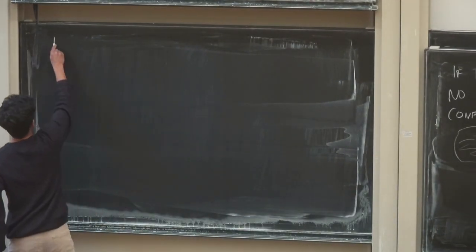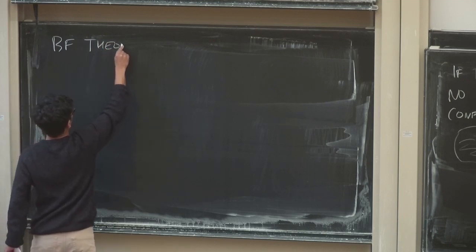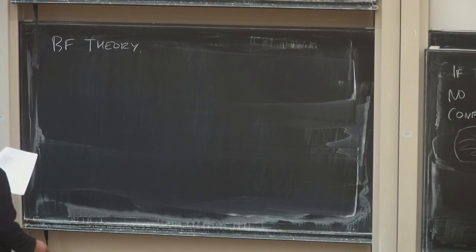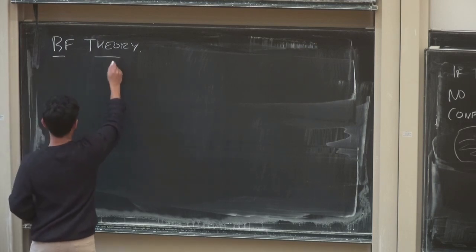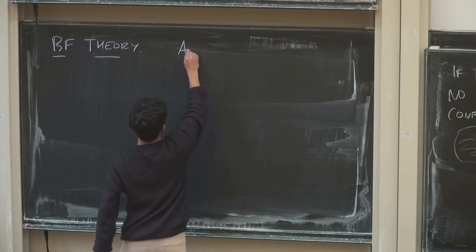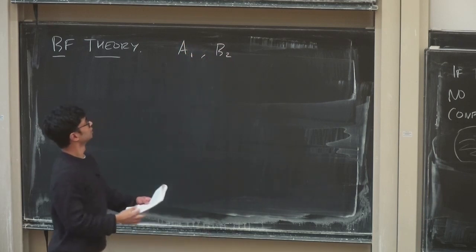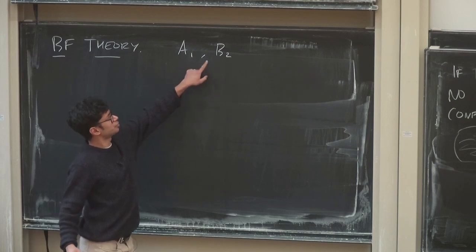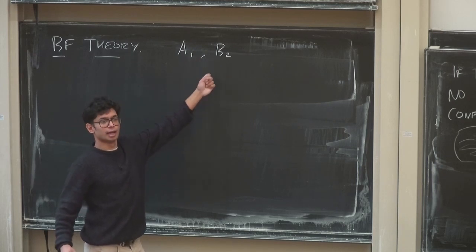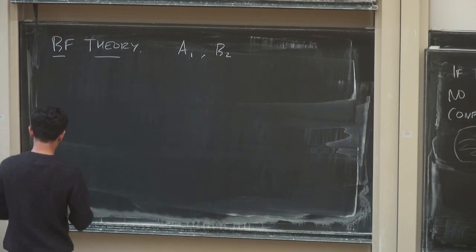The theory that does this is called BF theory, and it has a really simple action. It depends on two gauge fields, which I'm going to call A_1 and B_2. The subscripts denote the form degree of the gauge field, so A is a 1-form and B is a 2-form.